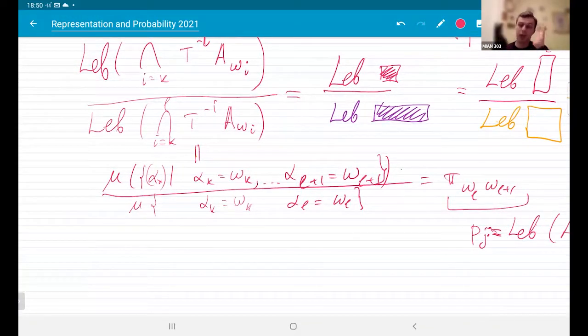We have seen that the dynamics of this nice smooth map on a torus is more or less the same as the dynamics of a Markov chain.